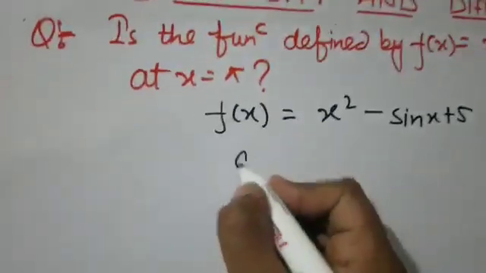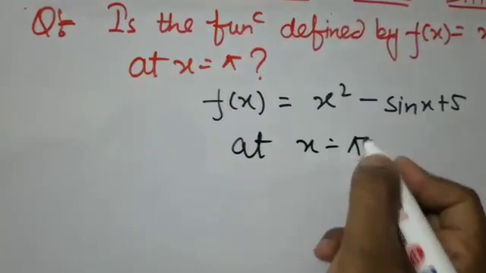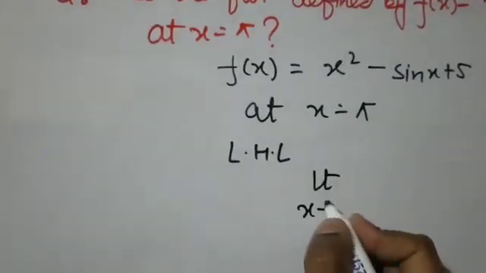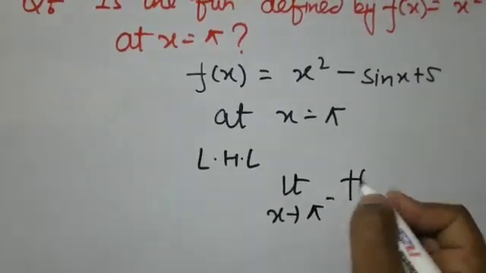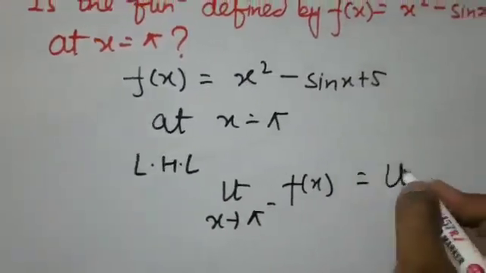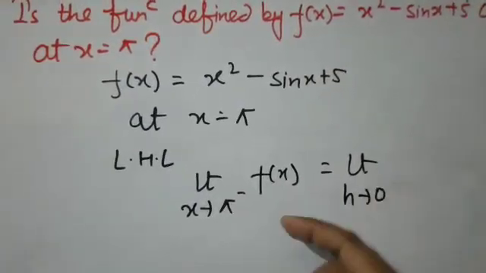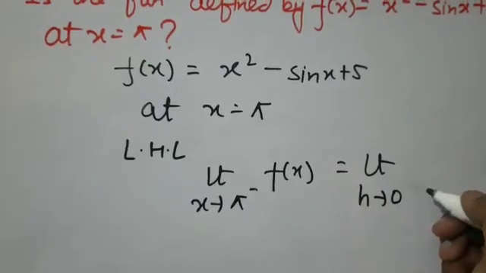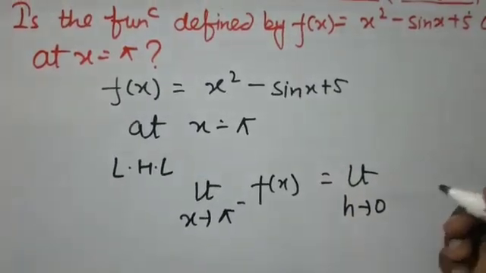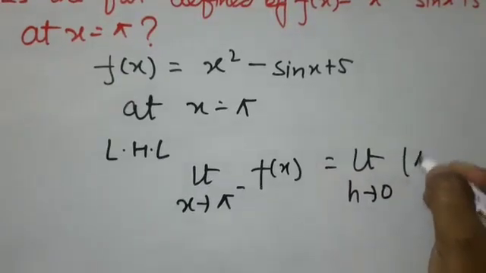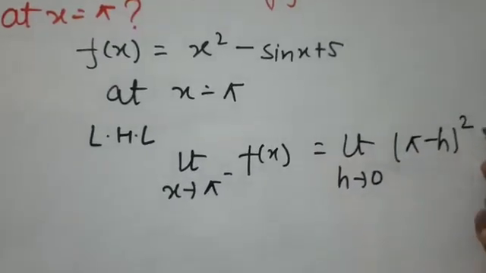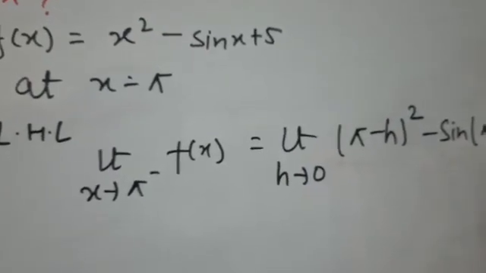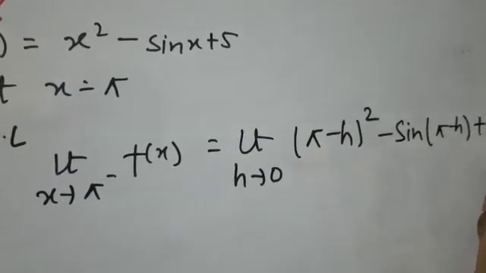At x equal to pi, for the left hand limit we have limit x tends to pi minus of f(x), equal to limit h tends to 0 of (pi minus h) square minus sin(pi minus h) plus 5.